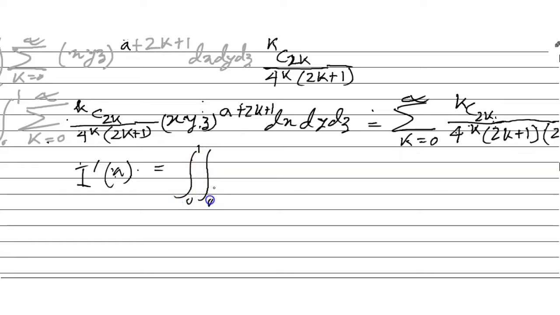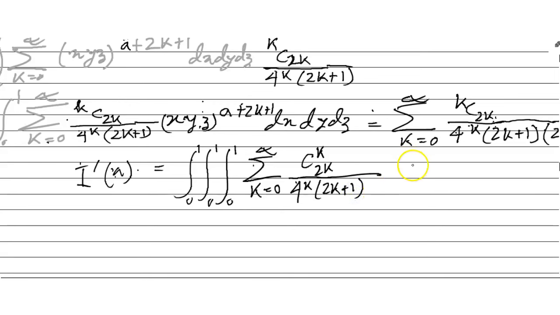0 to 1, summation k equals to 0 to infinity, ck to k divided by 4 to the power k into 2k plus 1 into 2k plus 2 whole cube.